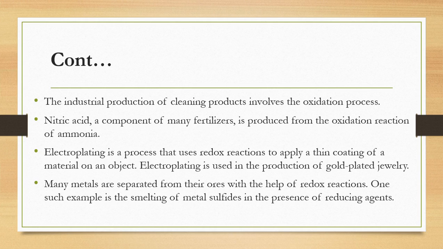Electroplating is used in the production of gold-plated jewelry. Many metals are separated from their ores with the help of redox reactions. One such example is the smelting of metal sulfides in the presence of reducing agents.